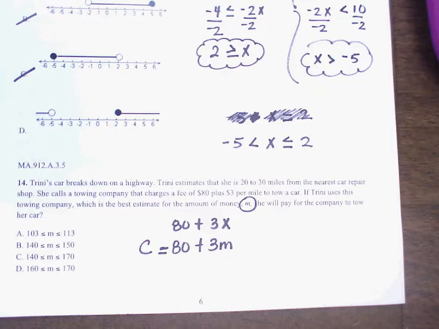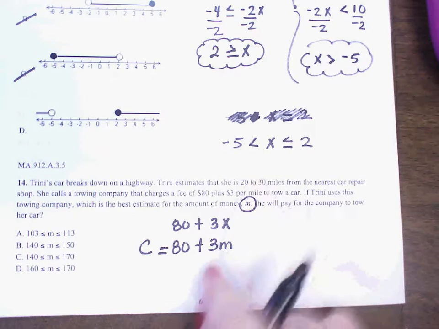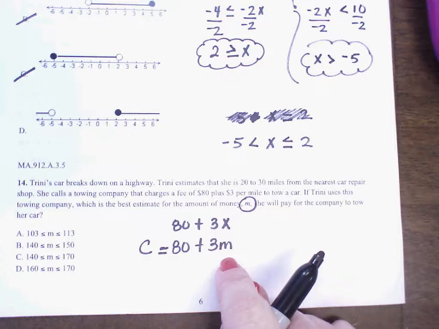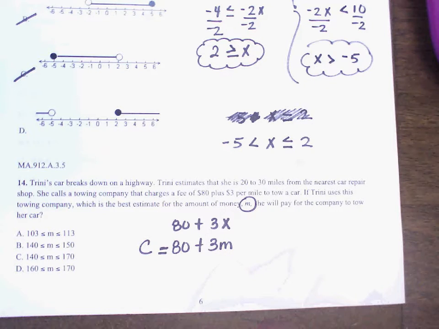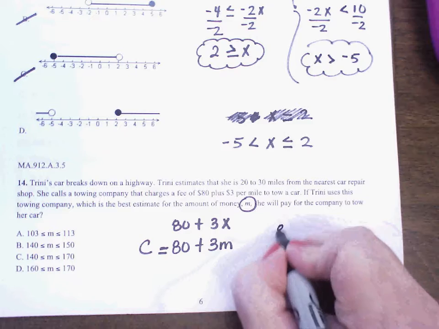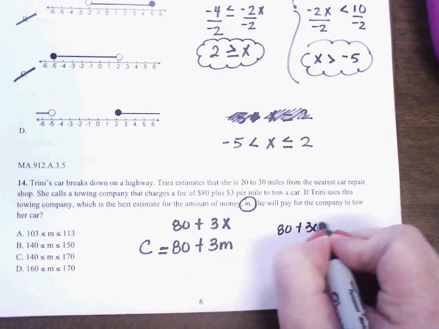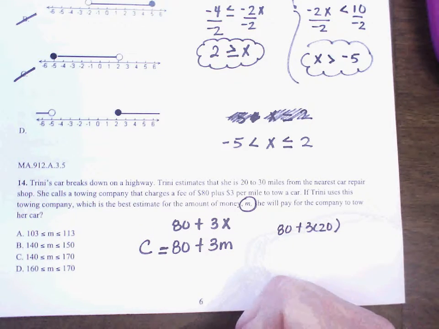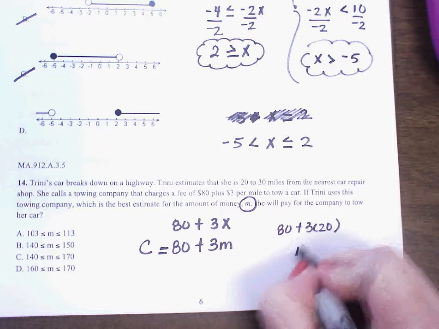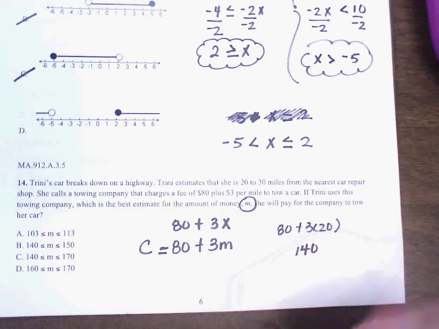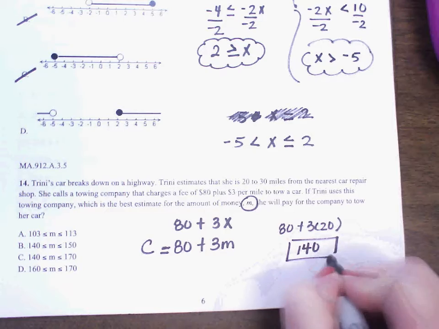All right, if Trini uses this towing company, which is the best estimate for the amount of money she will pay for the company to tow her car. Okay, so we got to do it with 20 and we got to do it with 30. All right, so with 20, it would be 140.